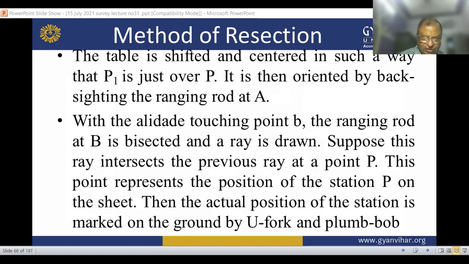Suppose this ray intersects the previous ray at the point P. This point represents the position of the station P on the sheet, then the actual position is checked by plumbing.